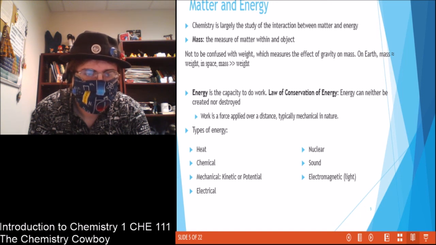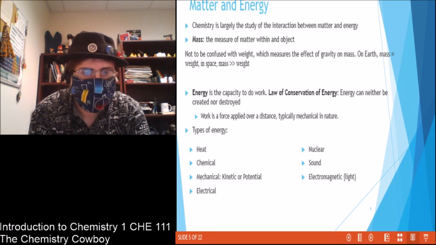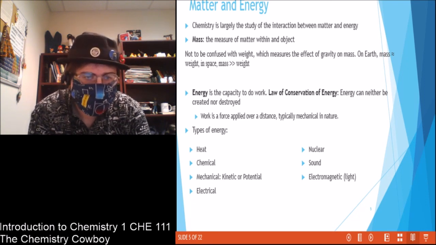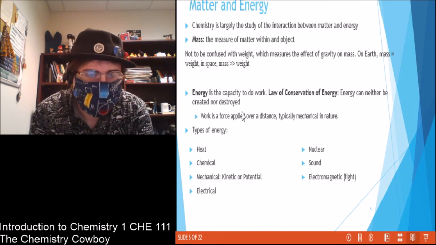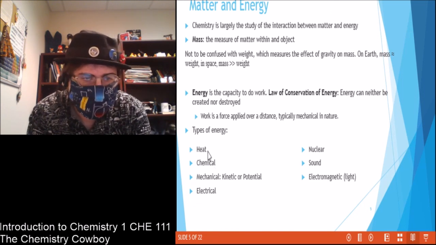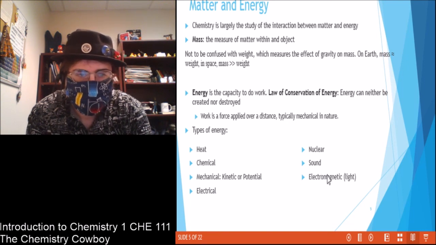And as we talk about energy, we'll talk about work. Work is the force applied over distance, which is a mechanical type of energy. But we could have lots of different energies: heat, chemical, mechanical, electrical, nuclear, sound, electromagnetic. We will talk mostly about chemical energy, but we'll talk a little about heat, a little bit about kinetic and potential, and a little bit about electromagnetic this semester.